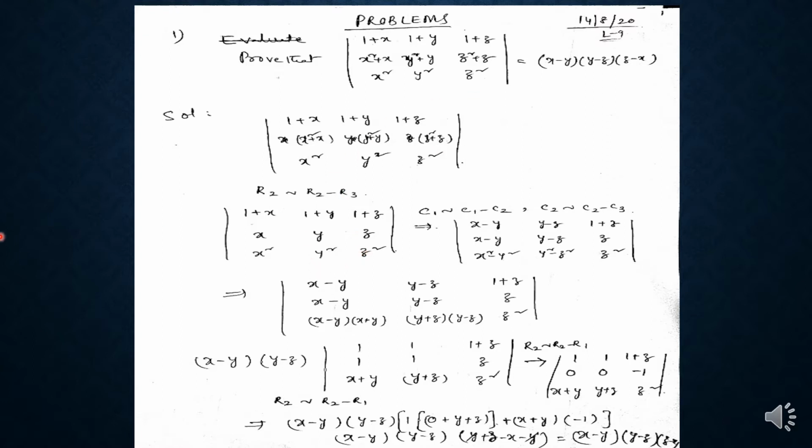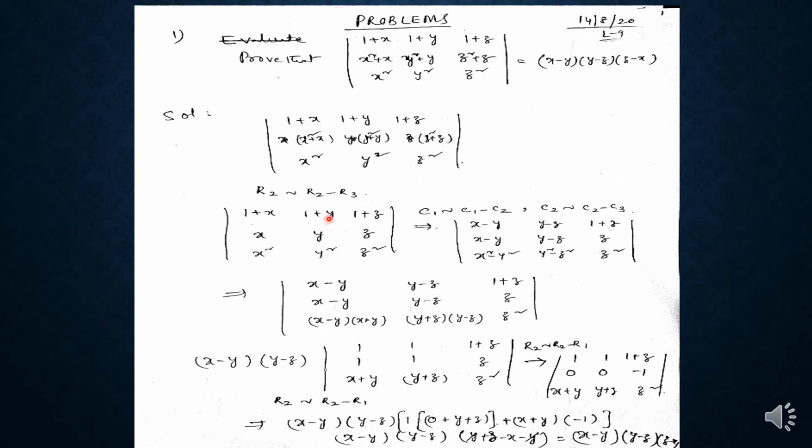Now to prove this, the terms x−y, y−z, z−x are appearing in the right hand side. If we observe the columns, by subtracting C1 minus C2 we will get x−y here, here also x−y, and here x²−y².